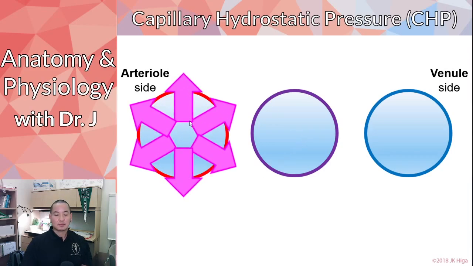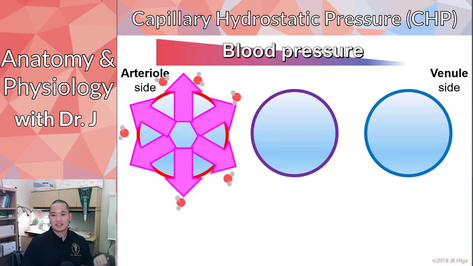So with more pressure, blood pressure, what's going to happen? More blood pressure results in more capillary hydrostatic pressure. And more capillary hydrostatic pressure, you have more fluid being forced from the inside of a vessel toward the outside. Now, again, remember that your blood pressure drops off as you get further and further away from the heart.